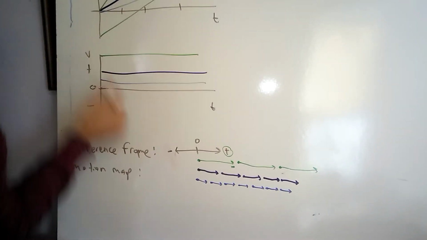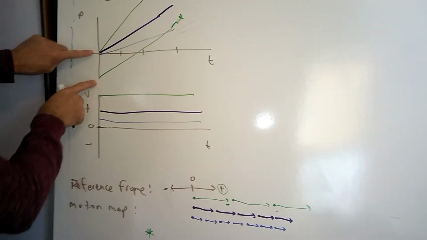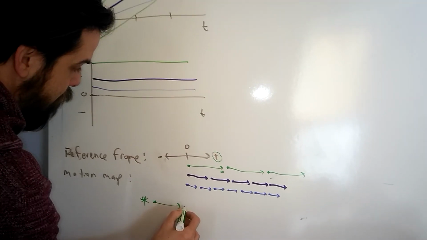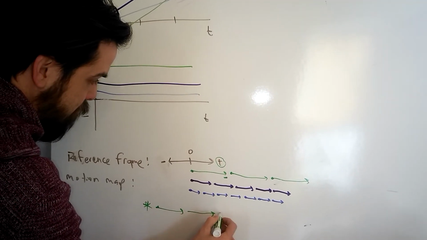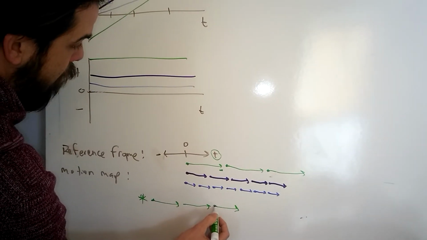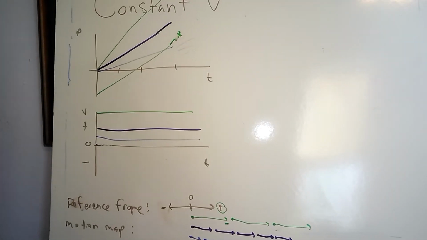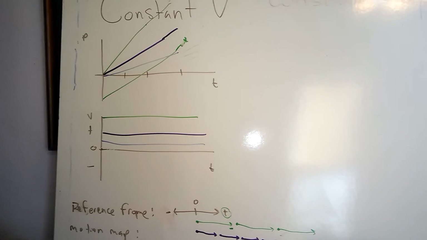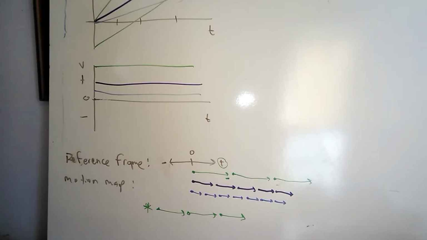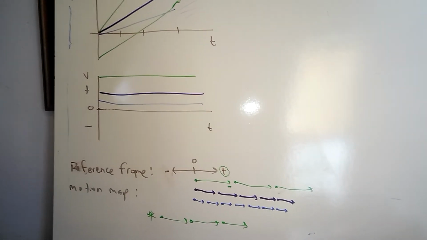I would start on the negative side, and I'm making this star just to mark which line I'm talking about here. On the negative side, I would actually start, but my motion map would essentially look the same. I'm just starting on the negative side of 0. And so again, consistency is what's important.